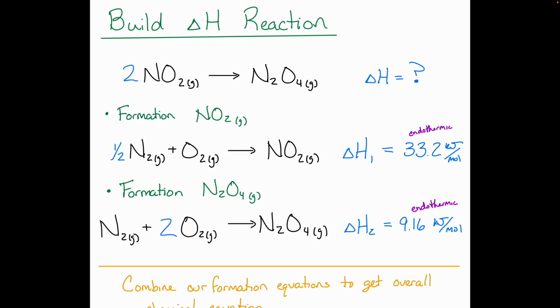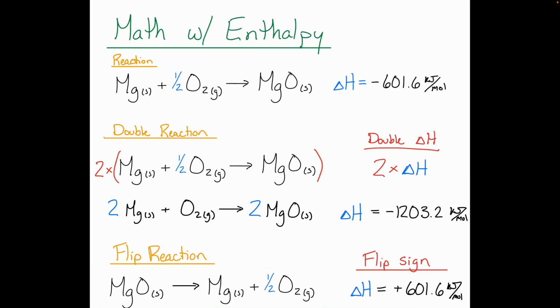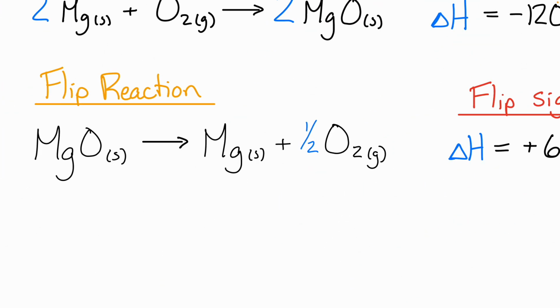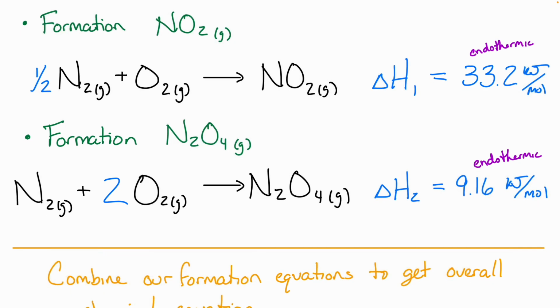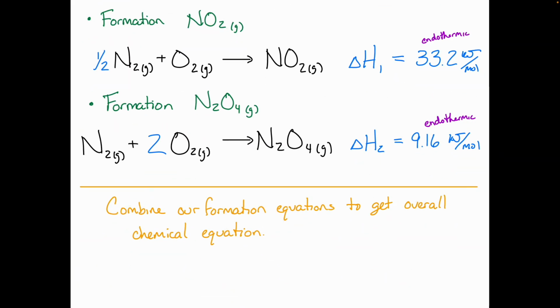In this first formation equation, our product is the nitrogen dioxide, but in our overall equation, that compound is on the reactant side. So what am I going to have to do to that formation equation? What did we learn that we could do last time when we were talking about math of enthalpy? We can always flip our reaction. So that's exactly what we're going to do. We're going to take our formation equation 1 and flip it.